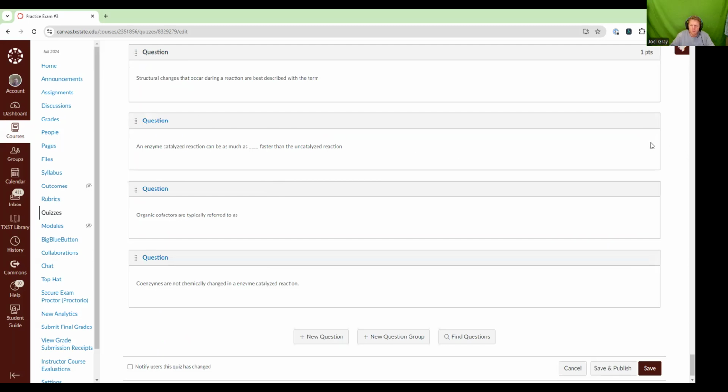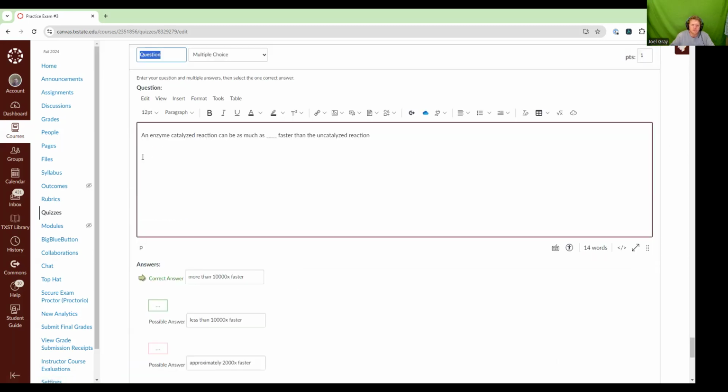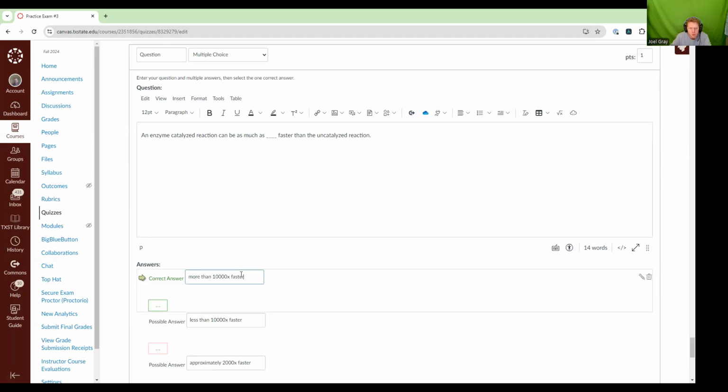Okay, next up is an enzyme catalyzed reaction can be as much as blank times faster than the uncatalyzed reaction. Actually, I'm going to change this because I don't really want any redundancies.